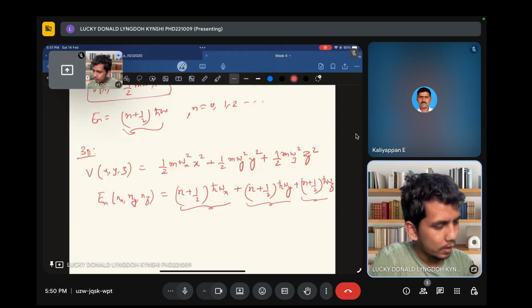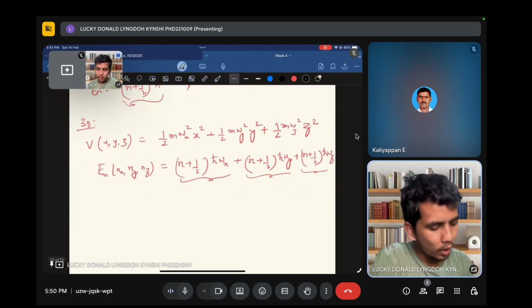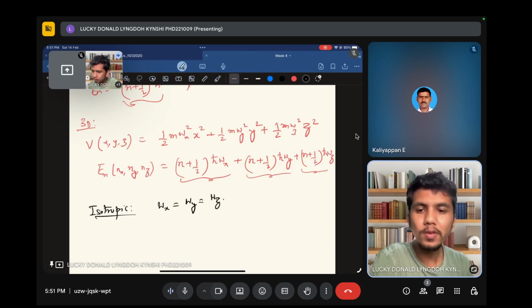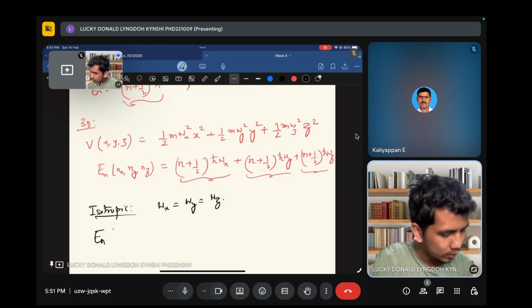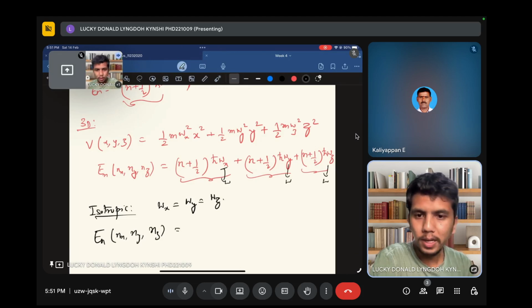Now there is another term called isotropic. What does isotropic mean? Isotropic means in this case omega x is equal to omega y equal to omega z. That means they have the same frequency. In such cases you can write the energy E of nx, ny, nz simply with omega in each term.